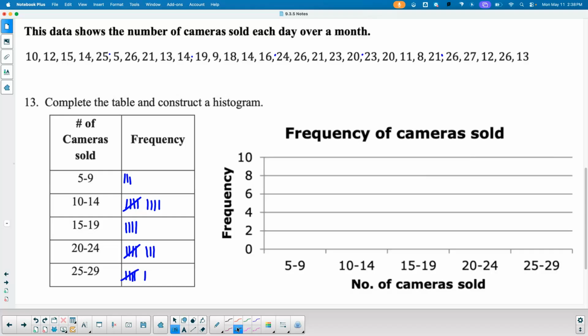Our scale on the vertical is by 2s, so I have to cut 1 in half here for the 5 through 9, and then this one's going to be a 9. This one's going to be a 4, and then we got an 8. And then we got a 6.